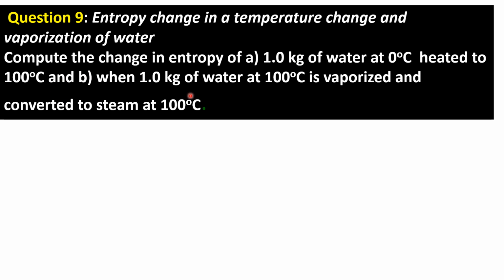That's for letter A. And for letter B, the same amount of water, 1 kilogram, is made to vaporize without changing the boiling temperature at 100 degrees Celsius. To vaporize means to change its phase from liquid to gas, converting boiling liquid water to steam at 100 degrees Celsius.